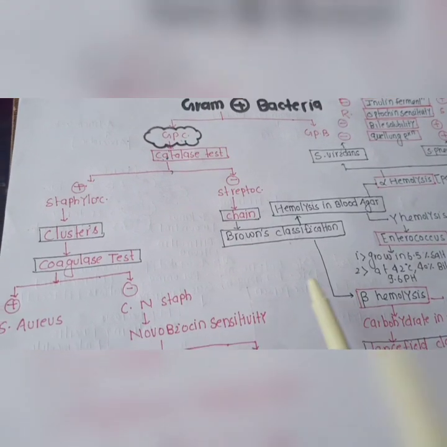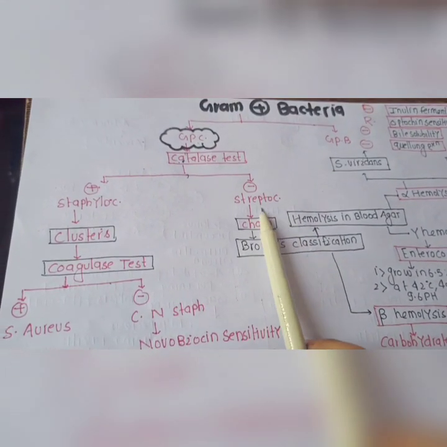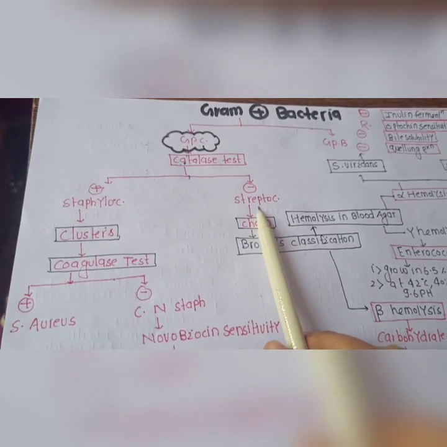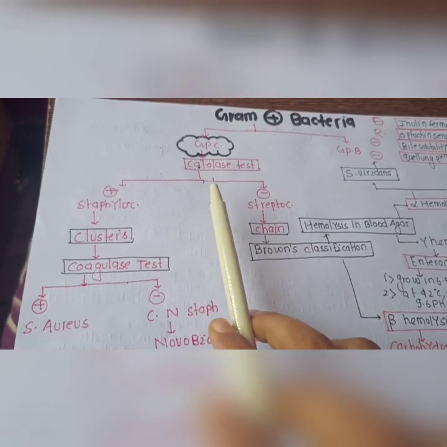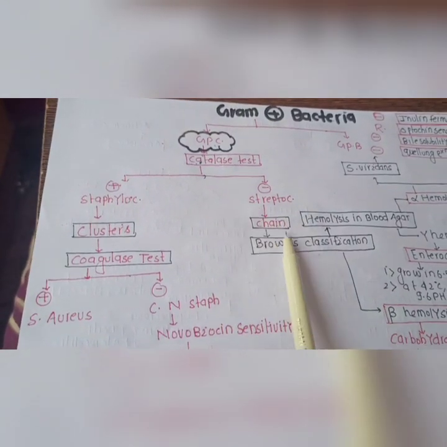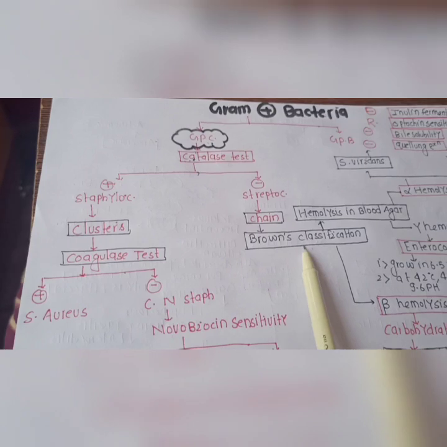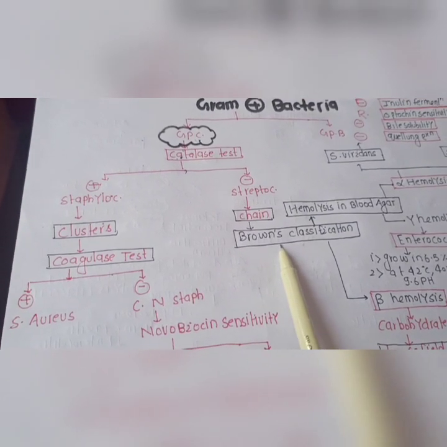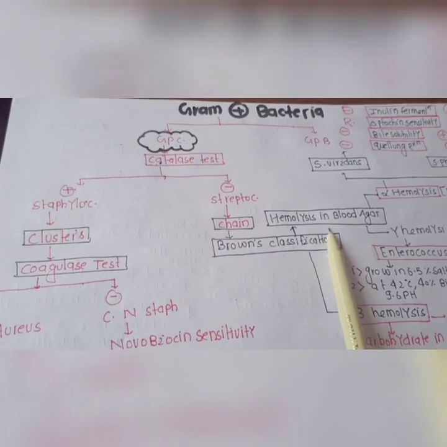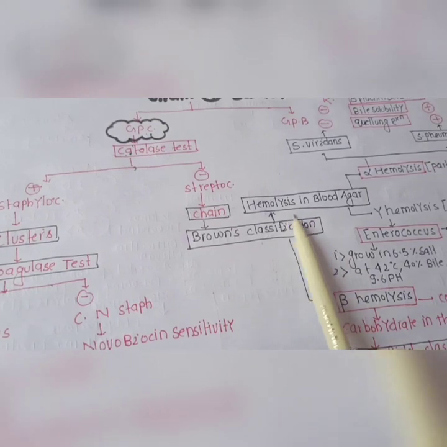Then my next group is Streptococcus. This is a gram-positive coccus, catalase test negative, and in chains. The first classification is Brown's classification, based on hemolysis in blood agar.